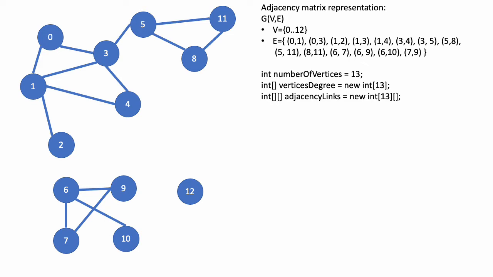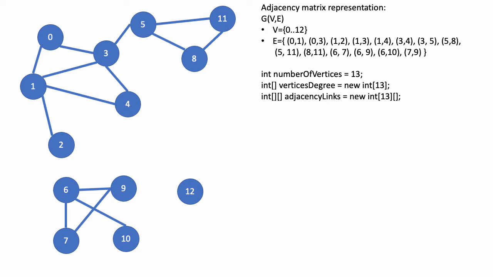Then we'll keep the degrees for each vertex, which tell me how many edges are starting from this vertex. And for each vertex, we also keep the adjacency list, so the neighbors that are linked by a direct edge with that vertex.